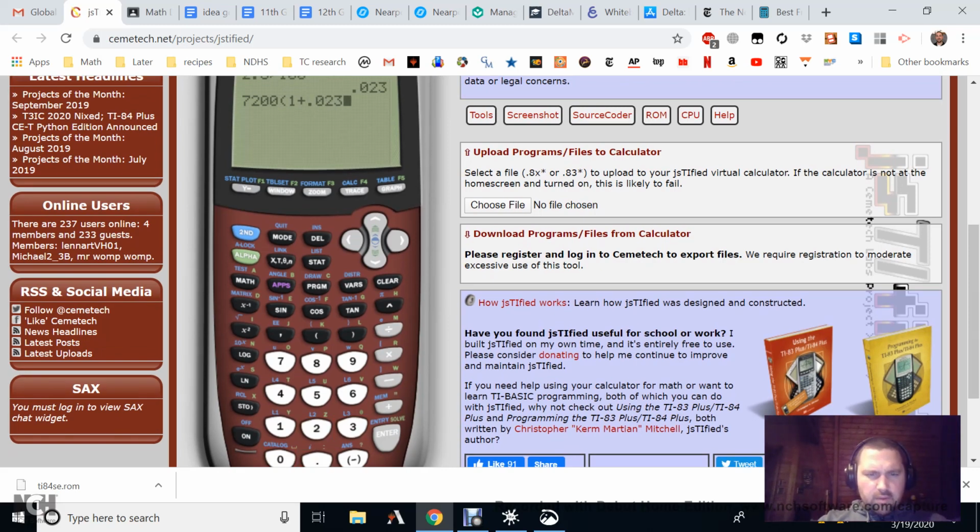0.023, close the parentheses, and then to the power of. Notice it put everything up in the power, so I theoretically don't have to use parentheses in that case. But I could have put the parentheses in. And if you're doing this on a non-graphing calculator, you probably want to do that to help you make sure it's right.